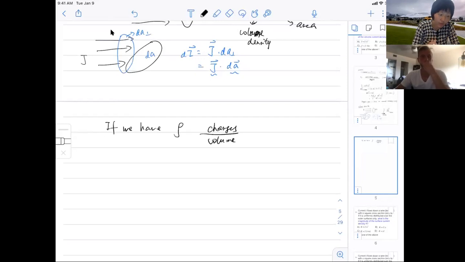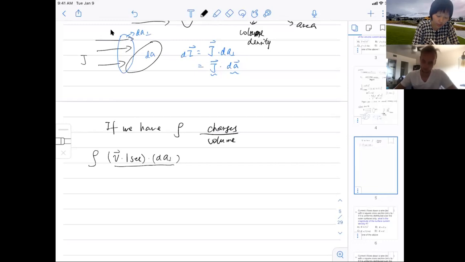In 1 second, how many pass through? If it's moving with a velocity v, in 1 second it passes through this much length. If you multiply length by area, you get volume. Volume multiplied by volume density gives you the total amount of charge. So this much charge passed through in a second.